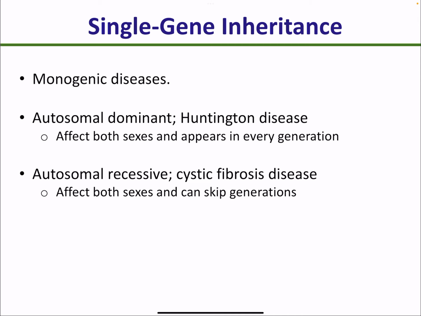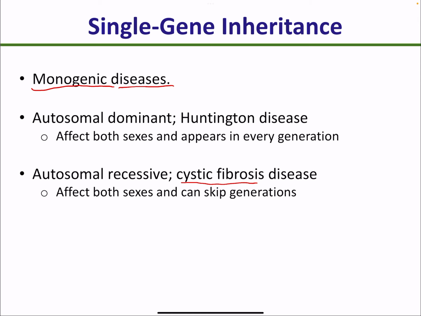What we call single gene inheritance is simply that one single gene is responsible for a particular feature. In the case of the Huntington disease, it's caused by one single gene, so it's a monogenic disease. Another single gene inheritance is cystic fibrosis.